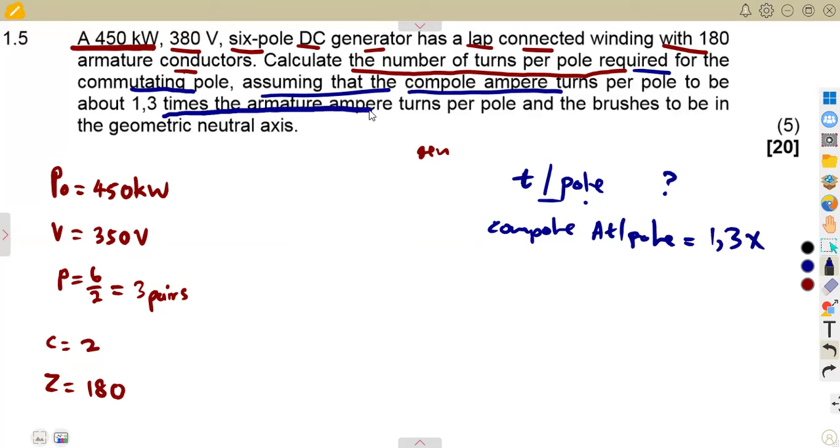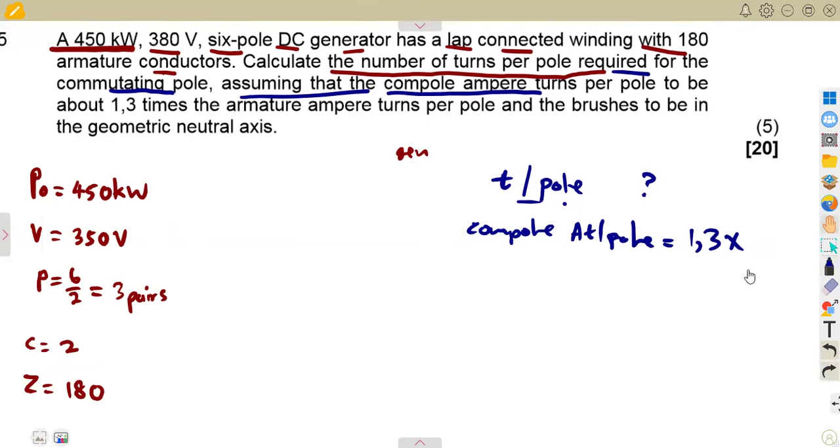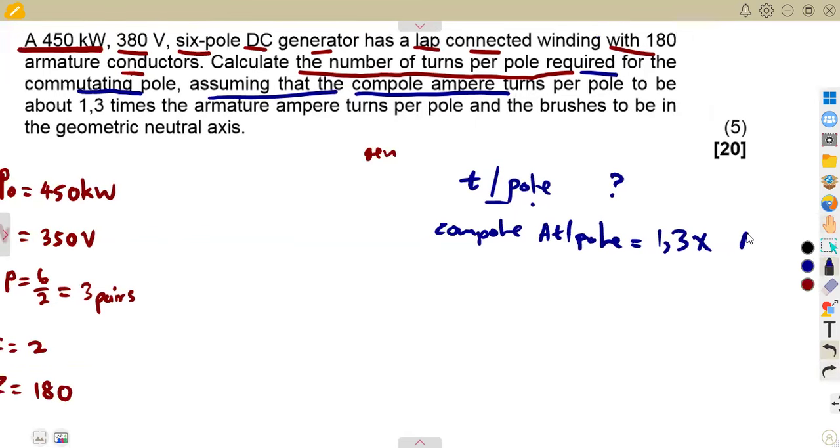the armature ampere turn per pole. Meaning we are talking about the number of turns per pole, which is the ampere turn per pole. We are given that it is 1.3 times. That's the compole condition that you are given.